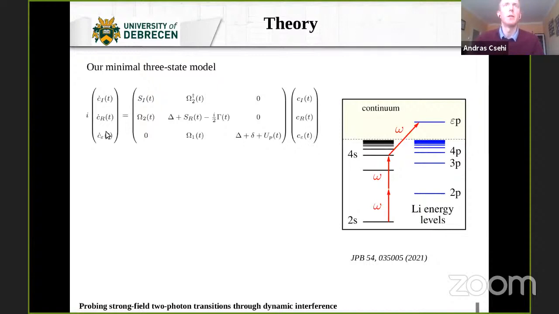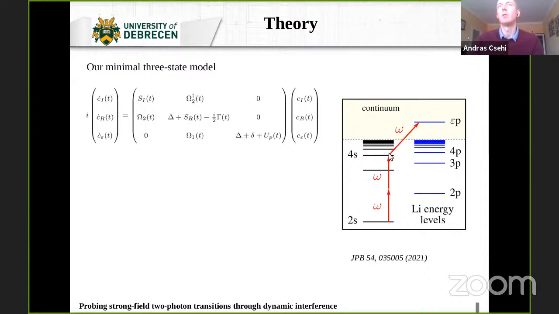So here the three states, and in the matrix we have the dynamic Stark shifts of the individual levels, which are time dependent, and we have the 2 photon Rabi frequency, the 1 photon Rabi frequency coupling to the continuum, and also the detuning.